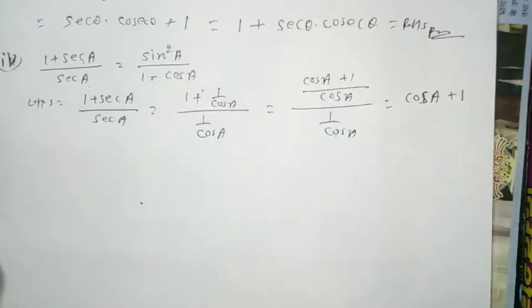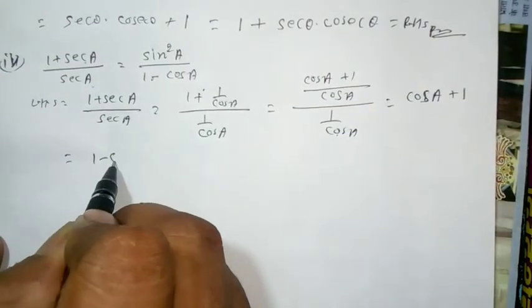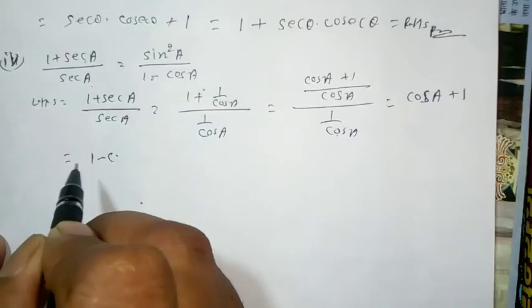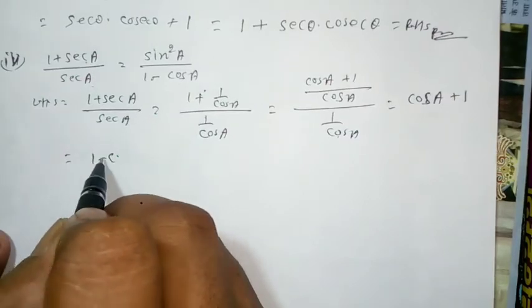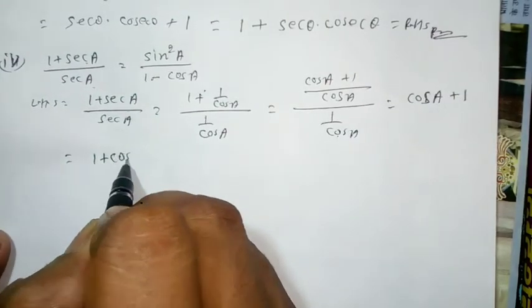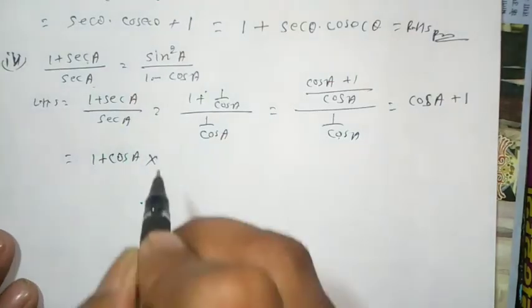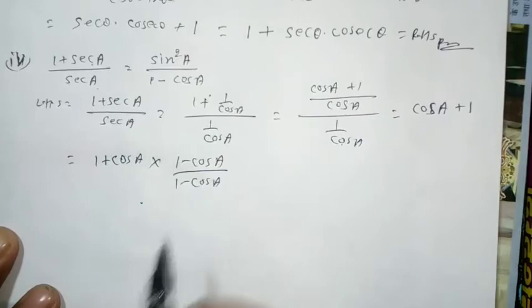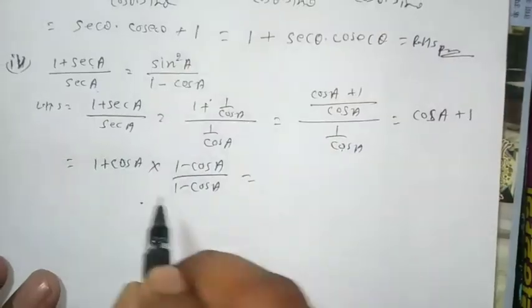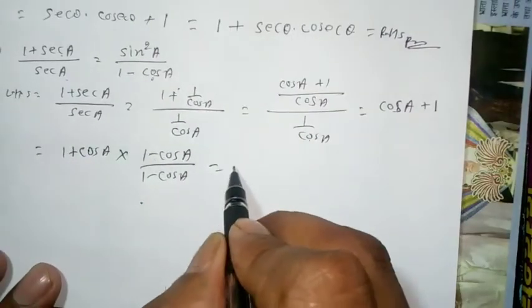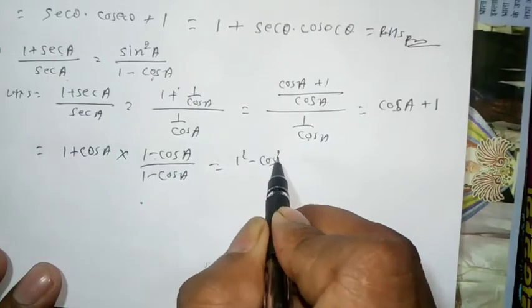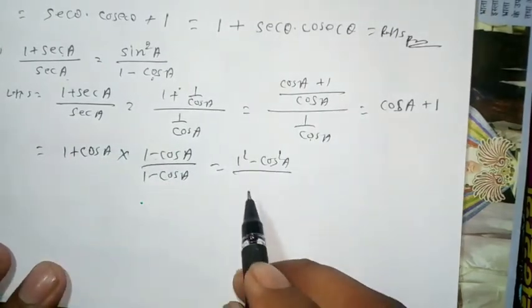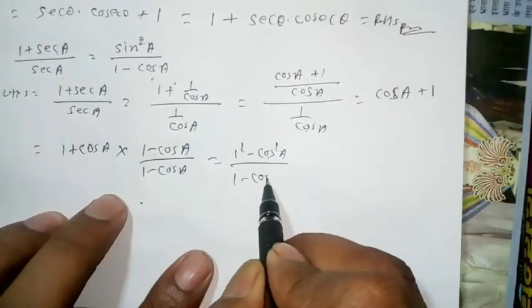Now we rearrange it, 1 plus cos a. Now I am multiplying 1 minus cos a by 1 minus cos a. So 1 plus cos a into 1 minus cos a is equal to 1 square minus cos square a, using a square minus b square, by 1 minus cos a.